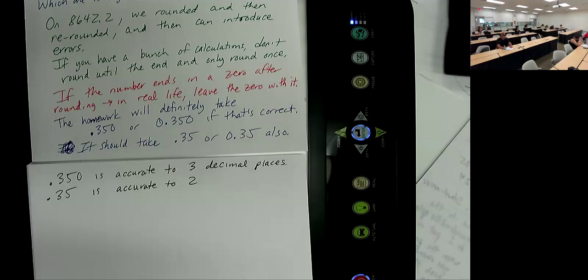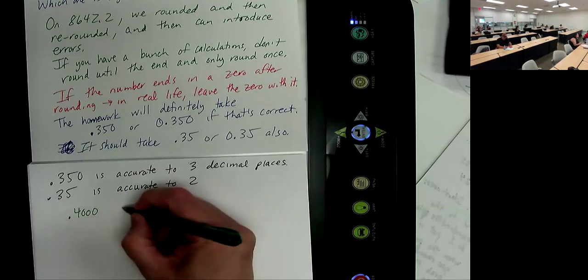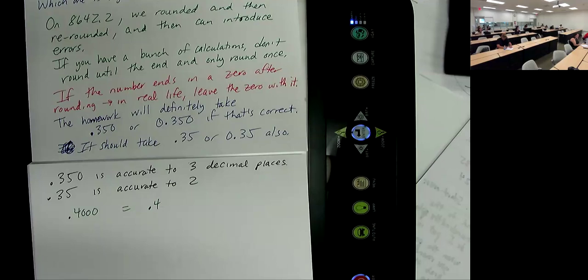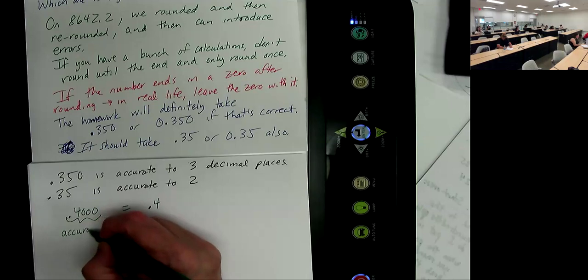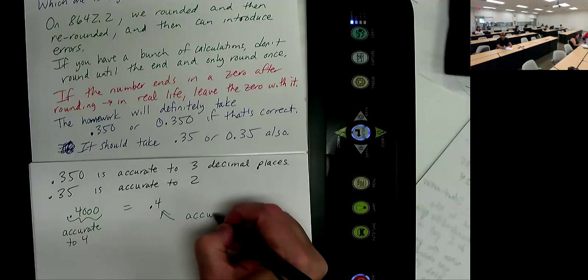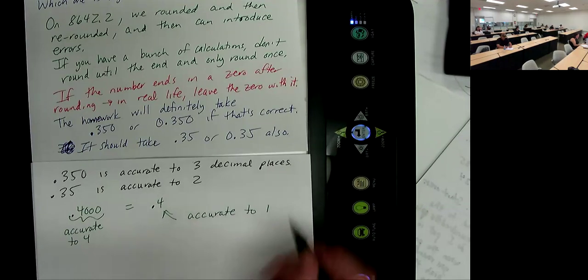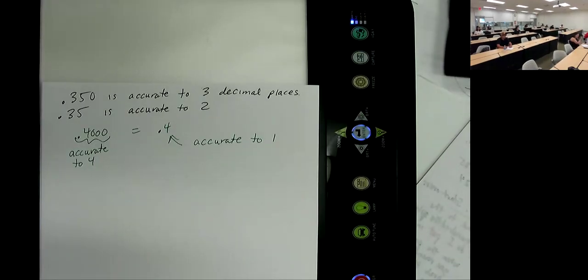Like if you had 0.400000, it's the same thing as 0.4 in value, but that's accurate to 6 decimal places, and this is accurate to 1. And sometimes accuracy matters. If you ever have to publish your work or submit it to your boss, you want it to be accurate.